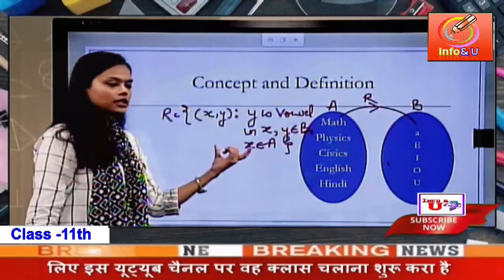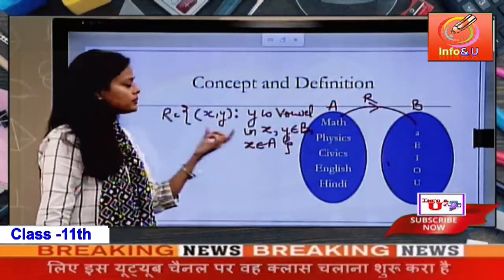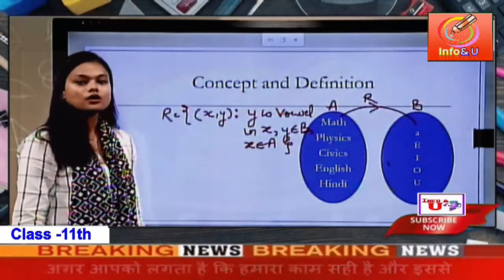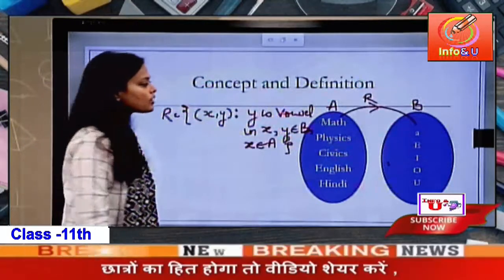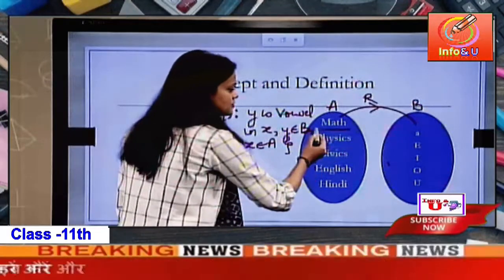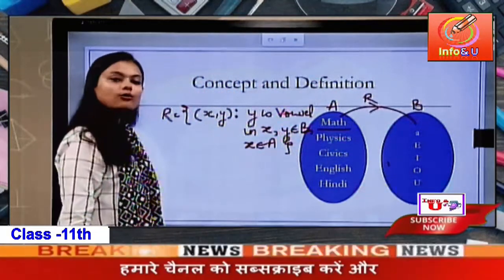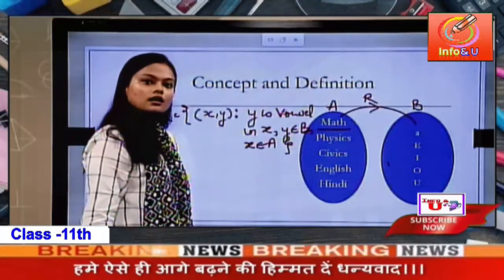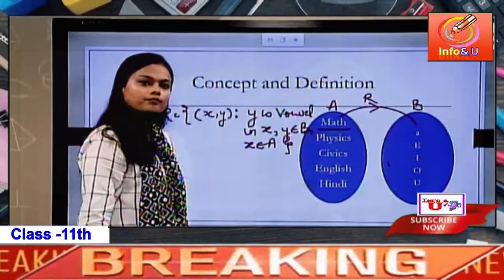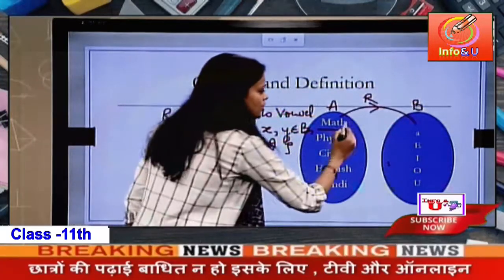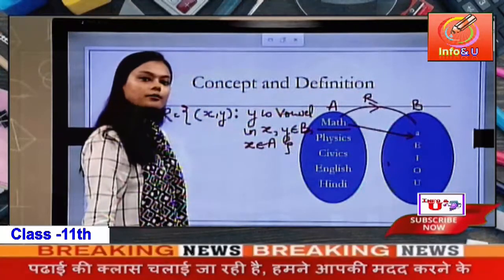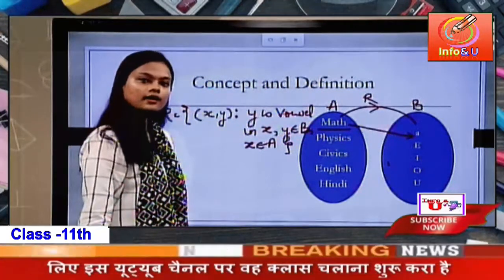So can you tell me what ordered pairs will be there in this R? What you are going to do? Math, see this first element. How many vowels are there in this word math? 1, A. So this will be the first ordered pair, math with A.